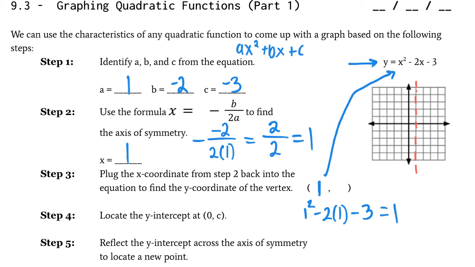So 1 squared is 1, minus 2 minus 3. And this gives us negative 4. So that is my y value of my vertex. So now I can go to the point 1 comma negative 4, put a point, and that's my vertex. That's where my graph is stemming from.